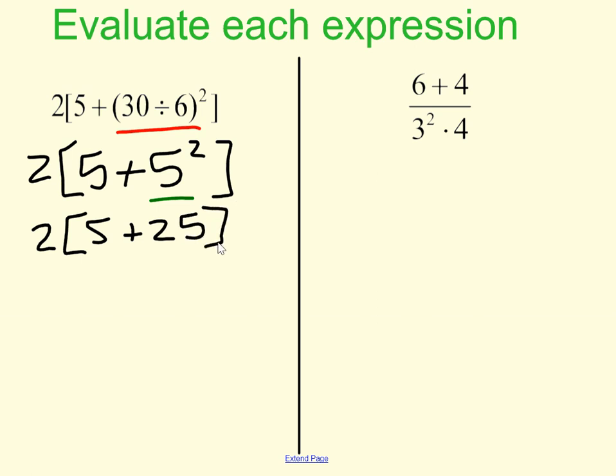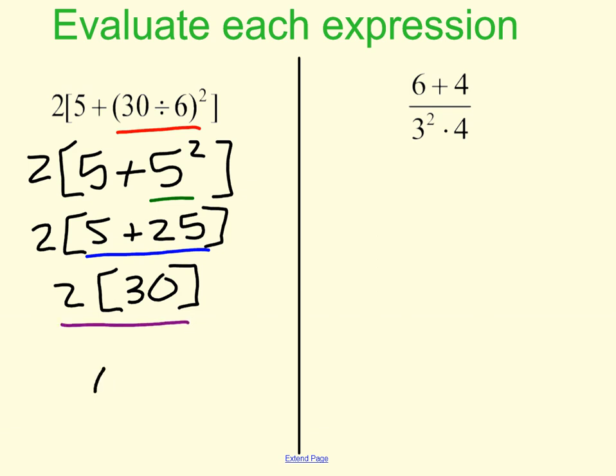Now, our next step is going to be the 5 plus the 25, since that is inside of our parentheses. We have 2, and then 5 plus 25 is going to be 30. Our final step, we have 2 times 30, so that's going to be 60, which is our final answer.